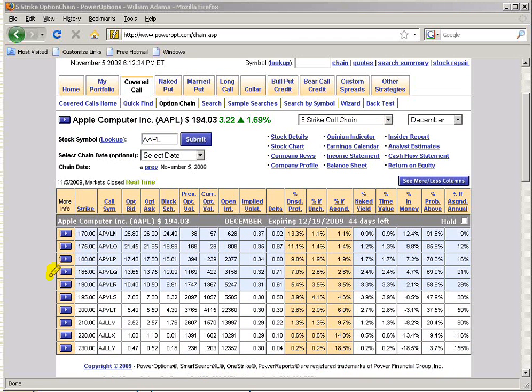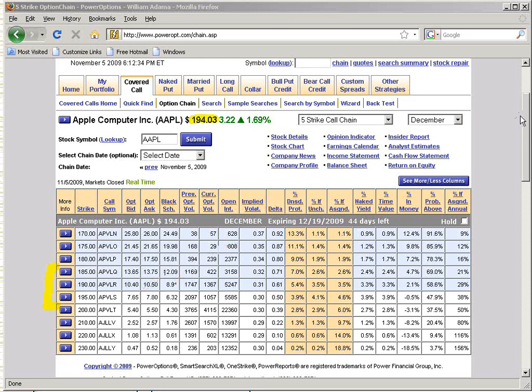For right now, I'm just going to focus on this little block in here, the 185, the 190, and the 195. Going back to our 3 examples that we just discussed, currently right now, Apple Computer is trading at about 194.03. Okay? So actually, I apologize, I lied.